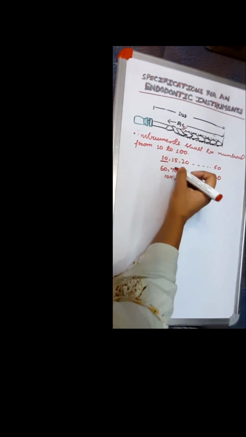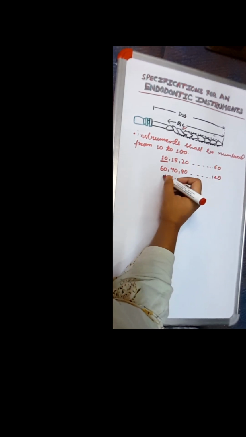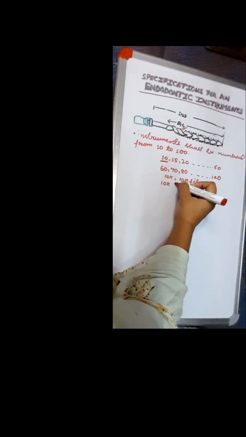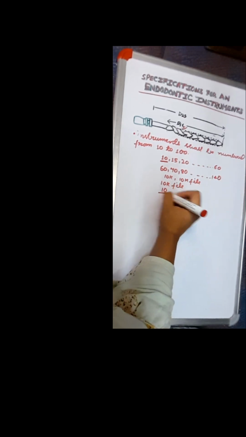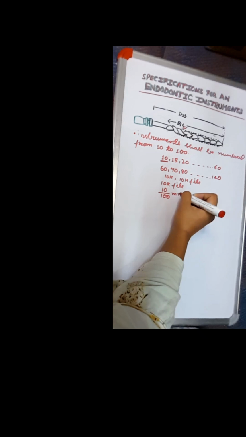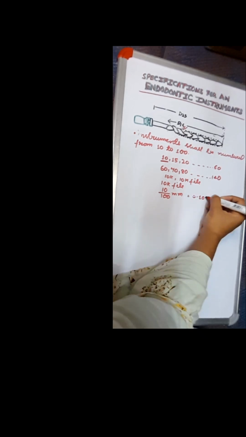The number denotes the 1/100th millimeter of the tip diameter. That is, when we are talking about a 10K file, the tip diameter of the instrument would be 10/100 millimeters, that would be 0.10 millimeter.